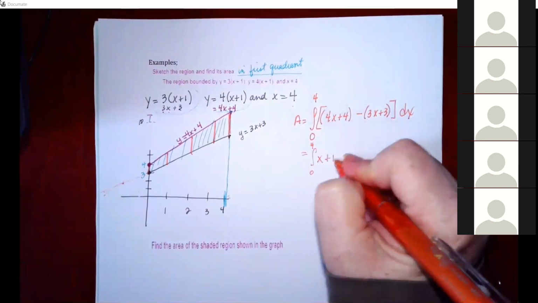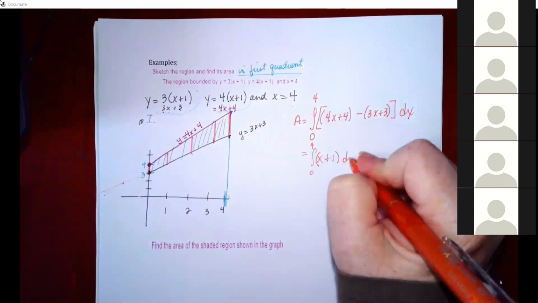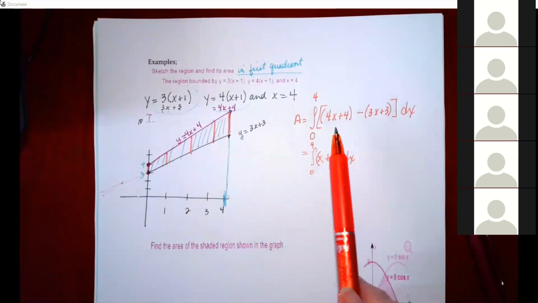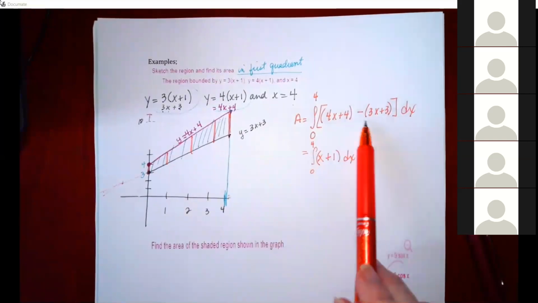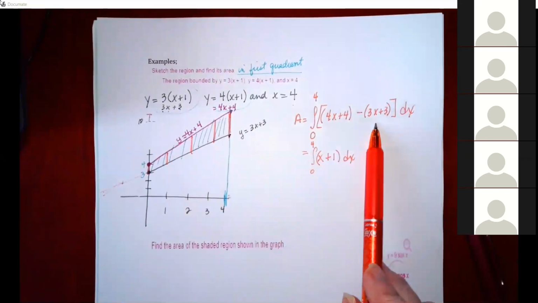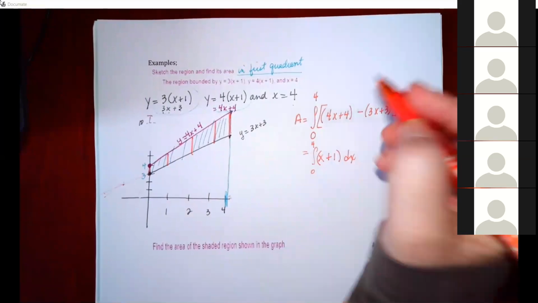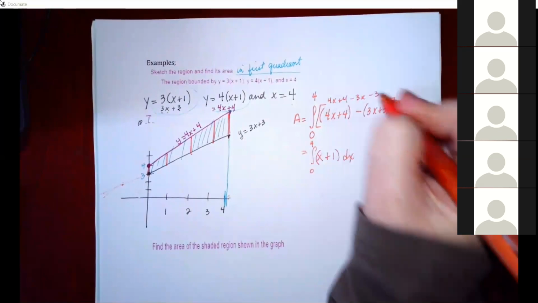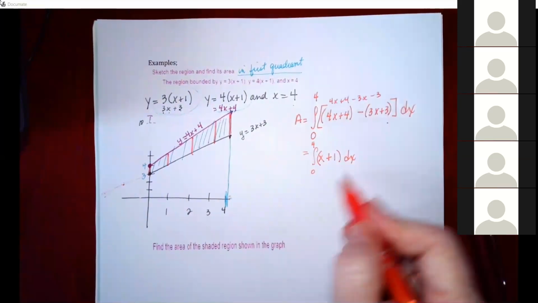So we're actually just integrating x plus 1 dx between 0 and 4. Does that make sense? I just find that a lot of times when people leave it like this, they miss a negative sign or something like that. So you just have to remember that's 4x plus 4 minus 3x minus 3 after you distribute that, and then combine your like terms.